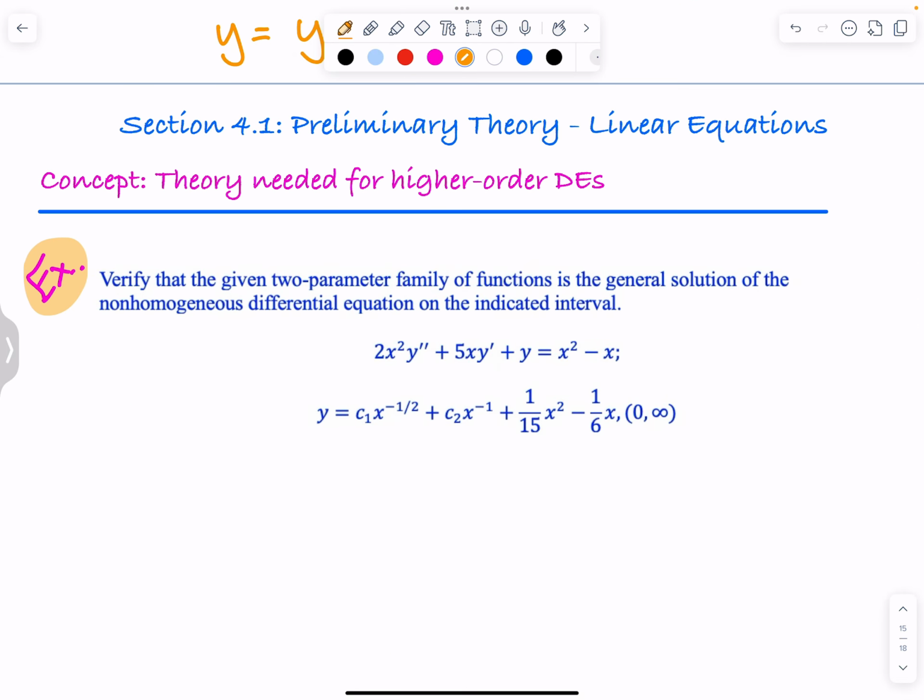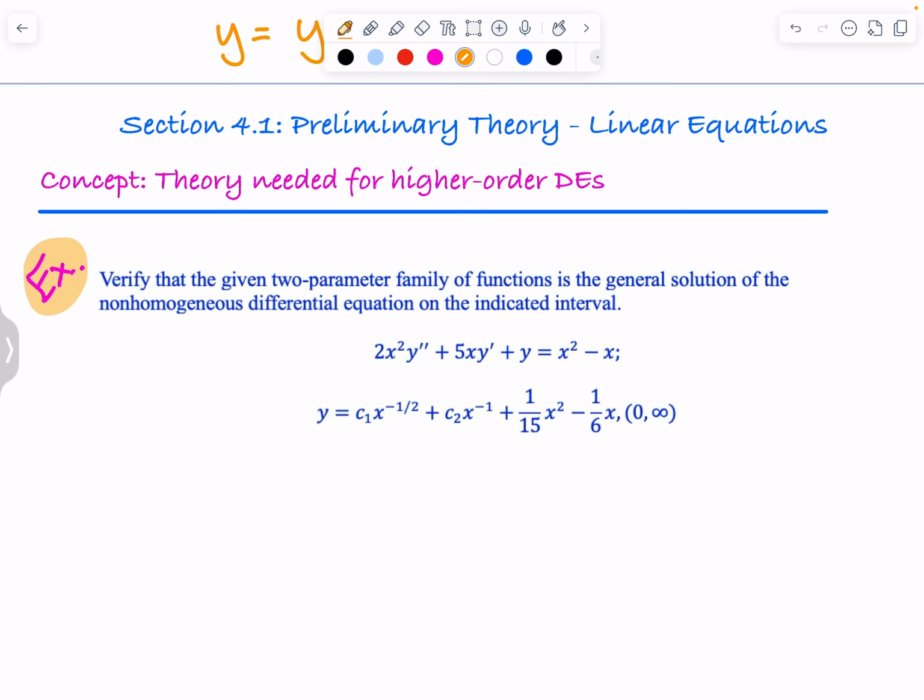Okay, we have one more that's like this, and that'll be the end of this video. So verify that the given two-parameter family of functions is the general solution of the non-homogeneous differential equation on the indicated interval. This is going to be the same type of thing.